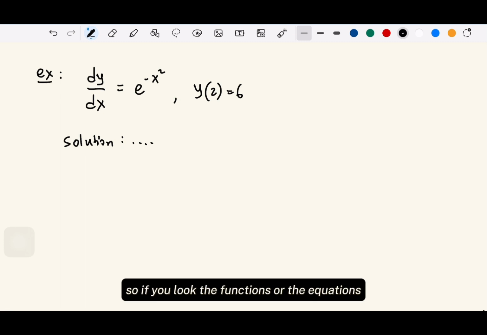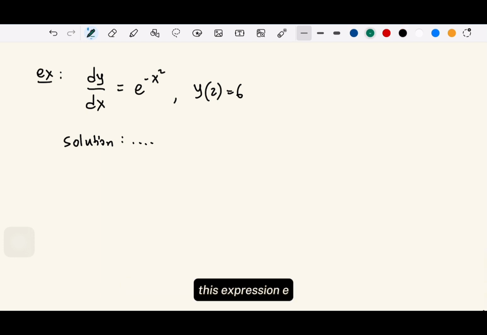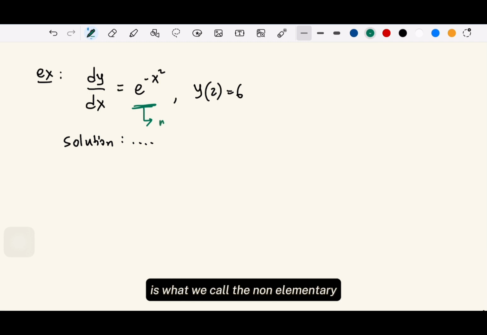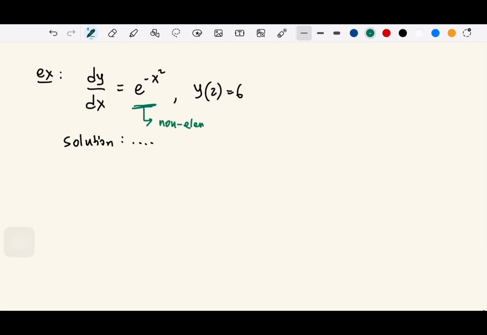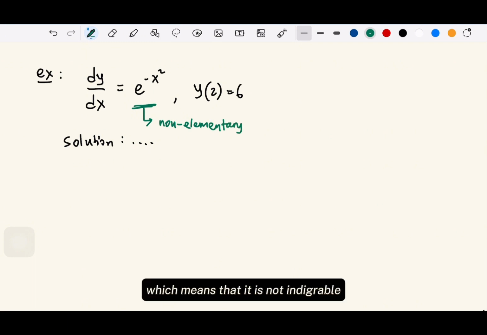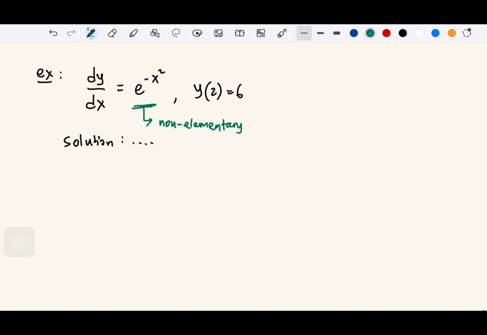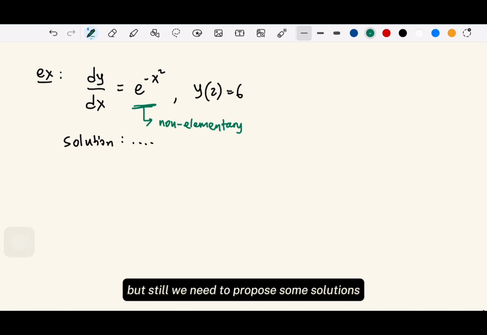So if you look at the equation, this expression e to the negative x squared is what we call, if you remember the terms, non-elementary, which means that it is not integrable. But still, we need to propose some solutions.